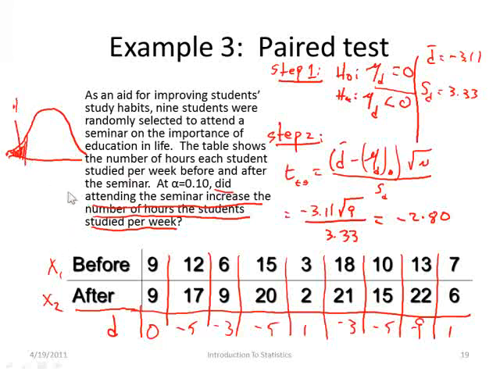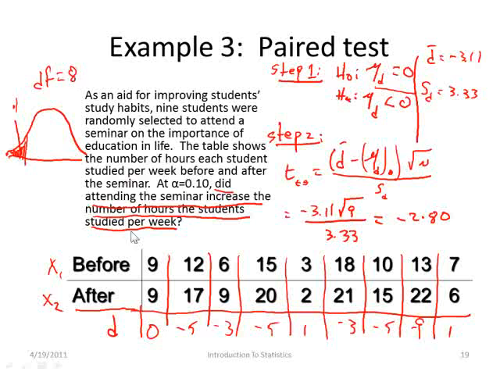So now we need to come up with a T critical value. So again, you can go to the chart or your calculator, however you want to compute this. So the area is going to be 0.1, and our degrees of freedom is equal to 8. N minus 1 is 8. So 9 minus 1 is 8.